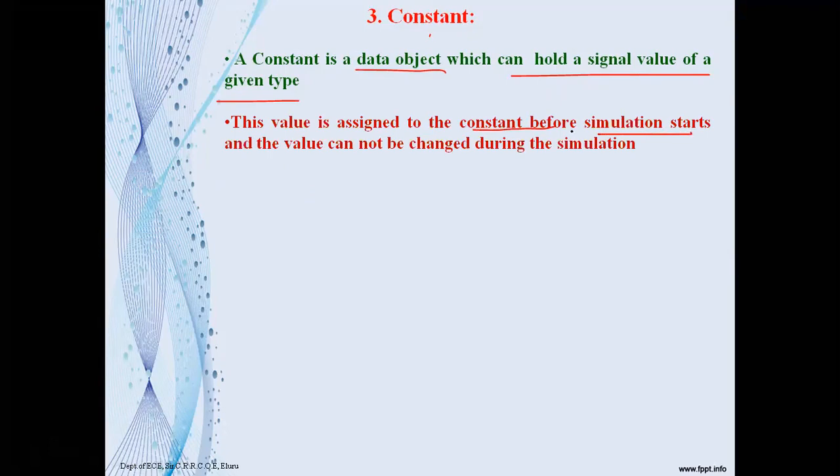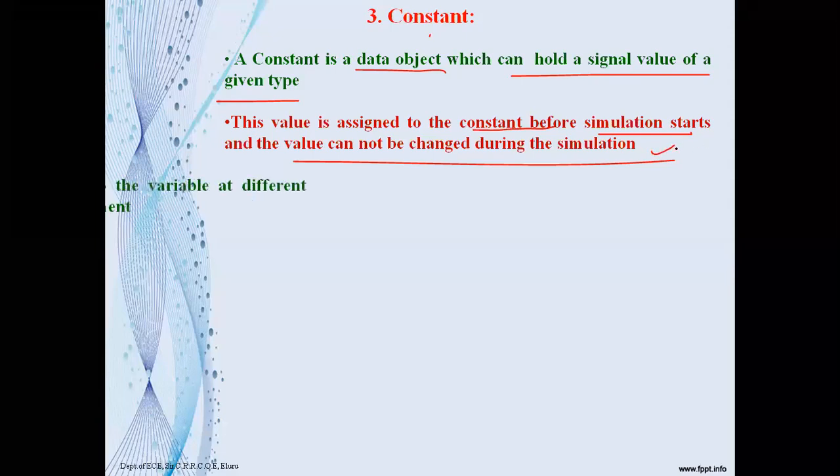So once the value is assigned, it cannot be changed during the simulation. As long as you run the simulation, the value will be the same. If you want to change the value, then you have to go back to your code and change the value in the code. Then only the value will be updated in the simulation, right?